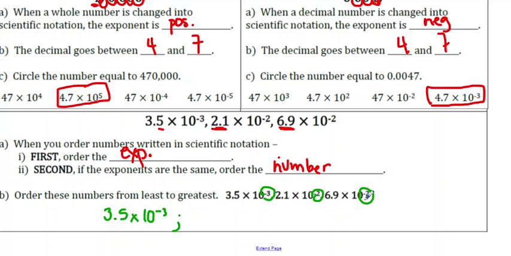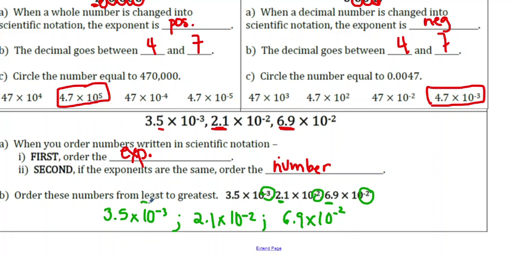Since I have -2 and -2, they're the same, I look at these numbers up front. 2.1 is smaller than 6.9, so the next smallest is 2.1 times 10 to the -2nd, which leaves 6.9 times 10 to the -2nd last. So that's ordering them from least to greatest.